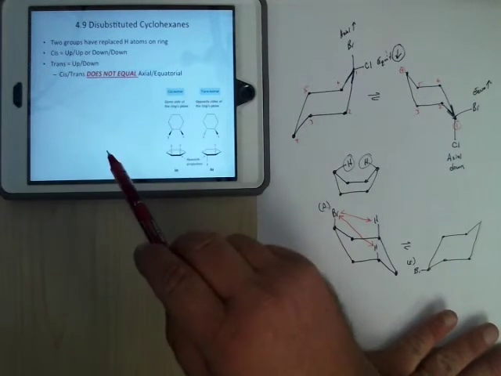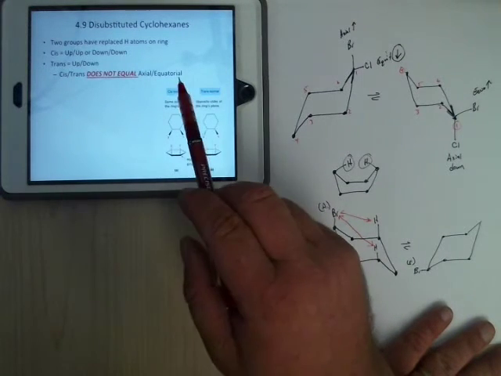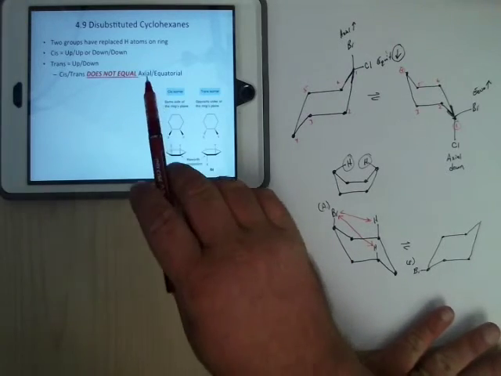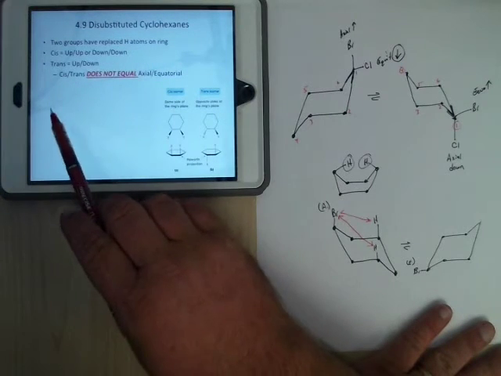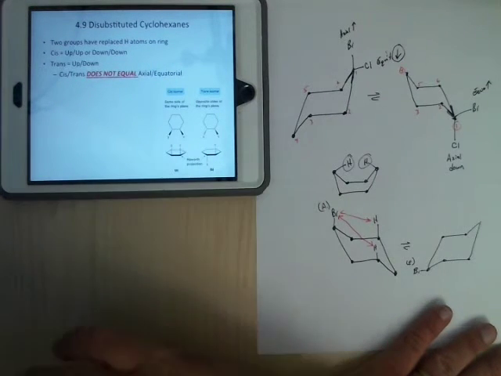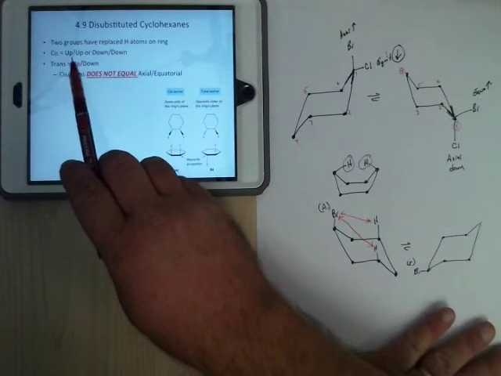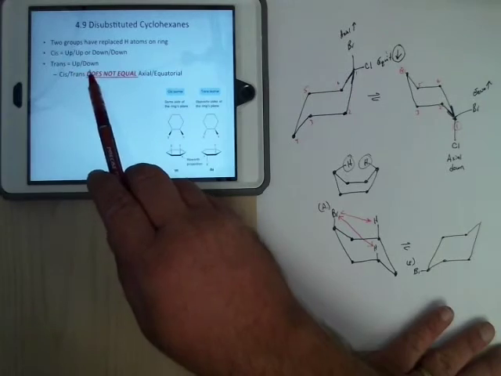You can have cis where both things are equatorial. You can have cis when one's equatorial and one's axial. Doesn't matter. Axial and equatorial help you figure out if it's cis or trans by telling you which one's up or down, but they're not the same thing. Remember, cis is both up or both down, and trans is one up and one down.